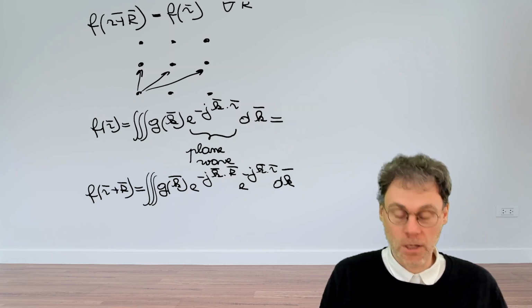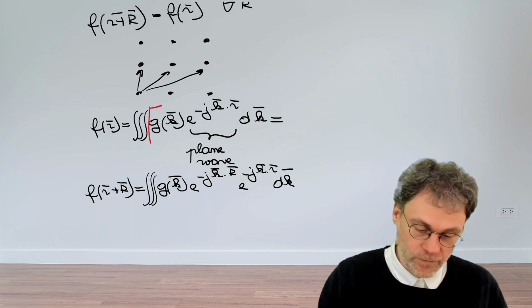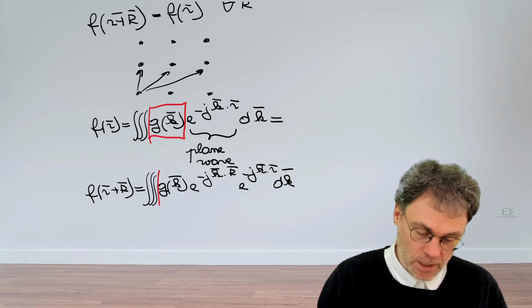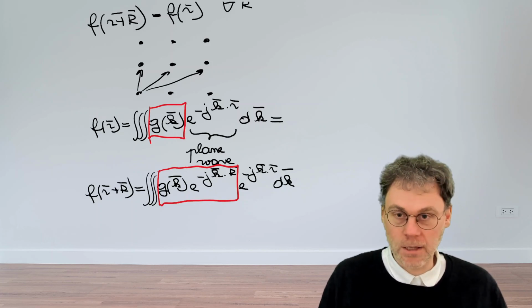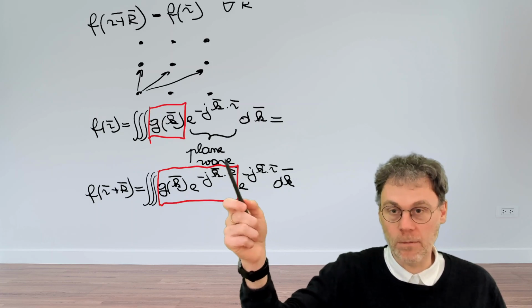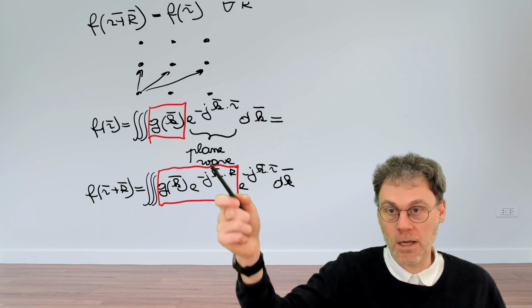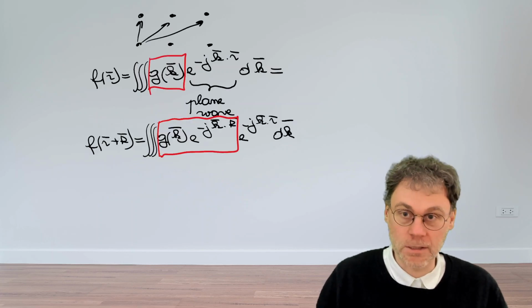If we look at what's happening inside the integral, we can focus on this part and on that part, and asking that our two expressions are the same basically boils down to asking that the stuff we have here in red is the same.